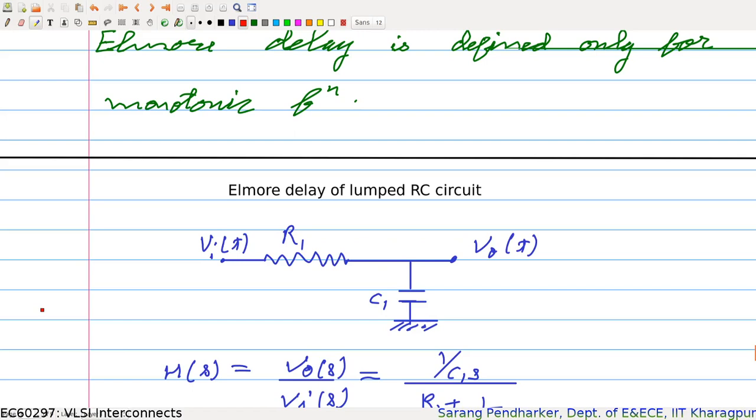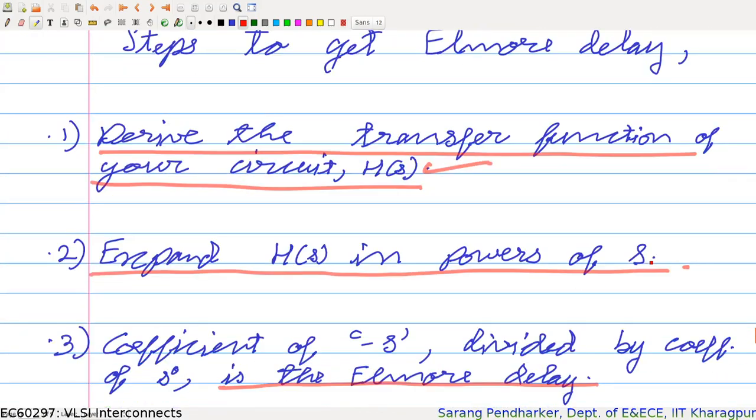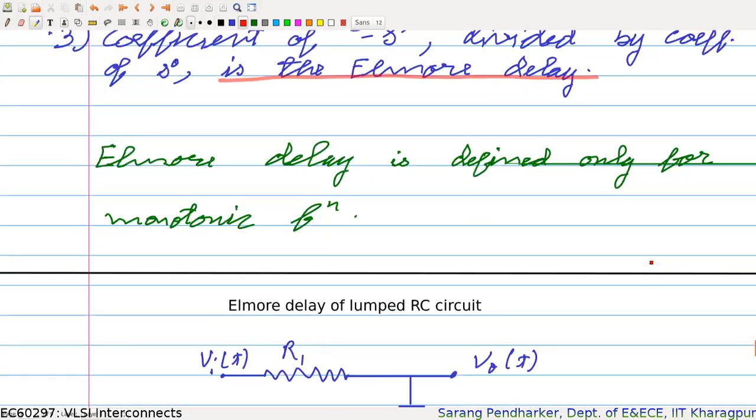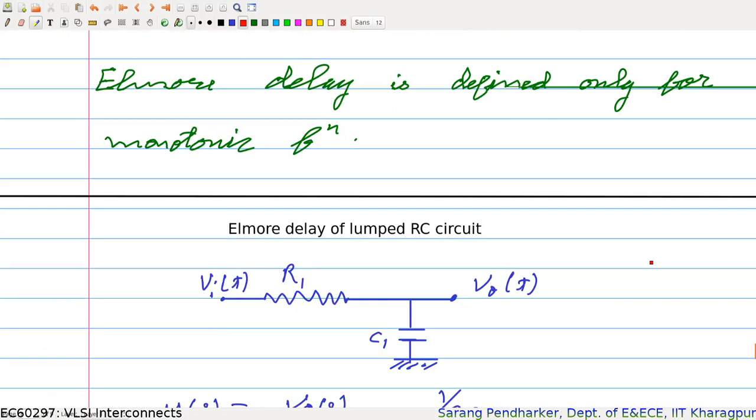Let's again take up a very simple circuit. There is a resistor R1 connected to a capacitor C1. Your input voltage is shown here and your output voltage is shown here. Now let us apply these 3 steps for a simple RC circuit like this, and estimate the Elmore delay.